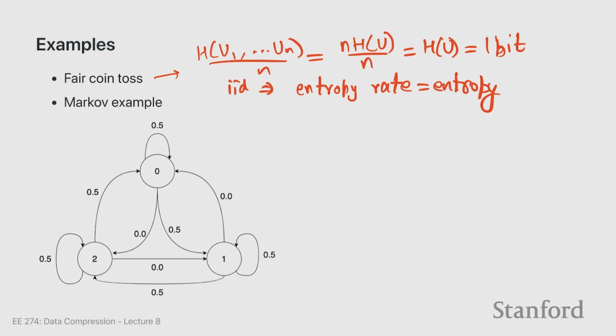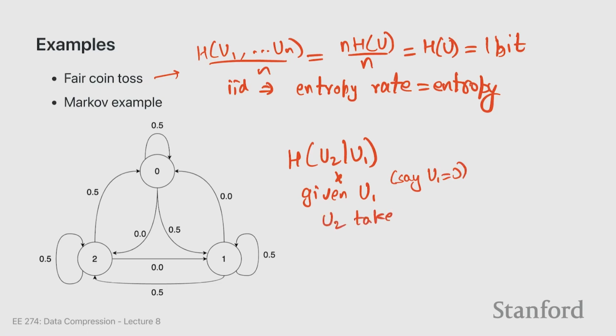The Markov thing is a bit trickier. Maybe let's just try to compute this one. So let me go through the logic. If you know u1, you can assume, let's say, u1 is equal to 0, for example. u2 takes two values with equal probability.